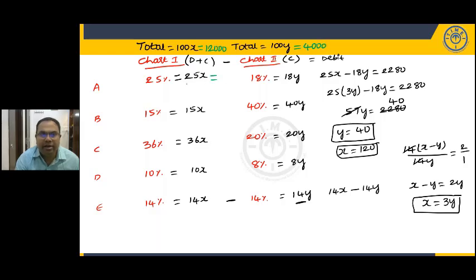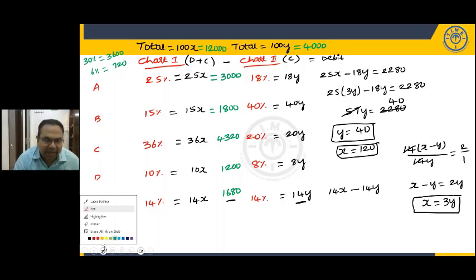Now I can write down the values. 25% is 1 by 4, so 3,000. 15%, 1,800. 10%, 1,200. 36%: 30% would be 3,600, 6% is 720, so 4,320. 10%, 1,200. 14%, 1,200 plus 480, 1,680.